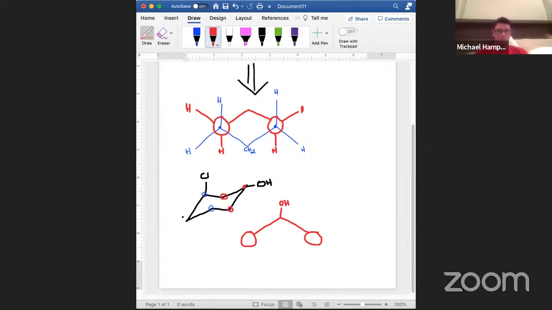Now what else is on these back carbons? H's. And there's really only two places you can put them, here and here.